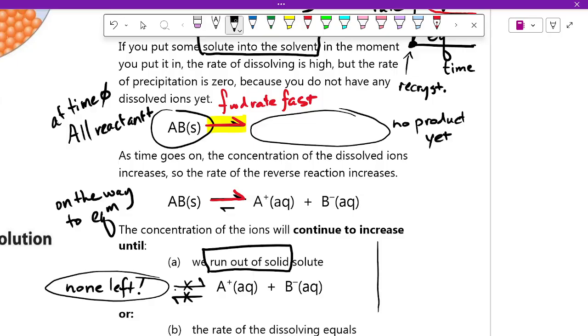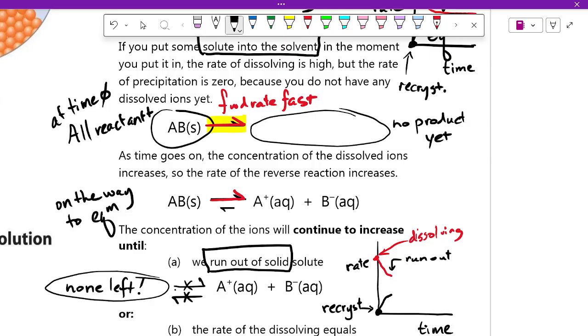Let's try that. Our dissolving rate is going to decrease, and our recrystallization rate is going to increase. But here, we've run out of solute.